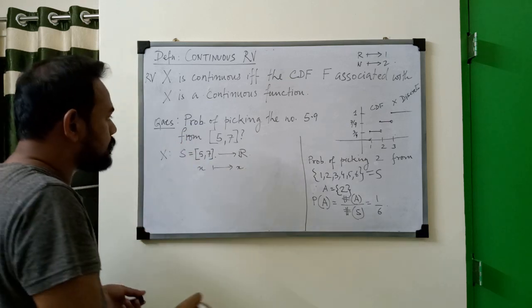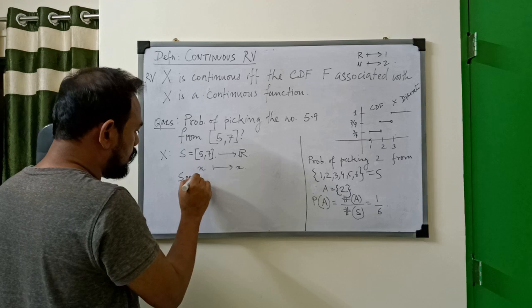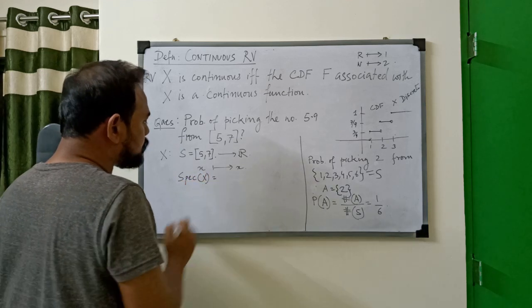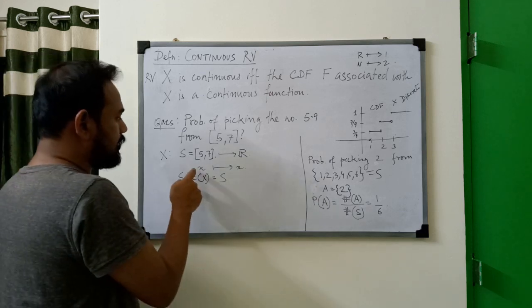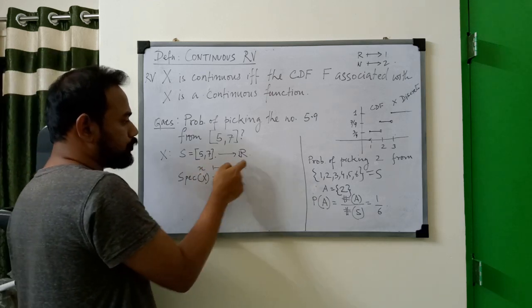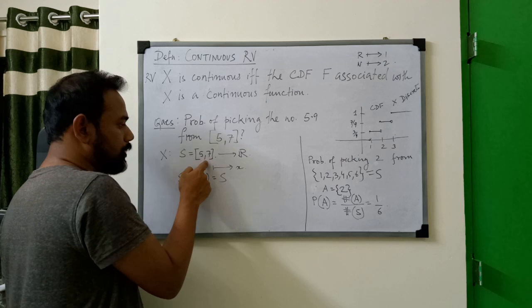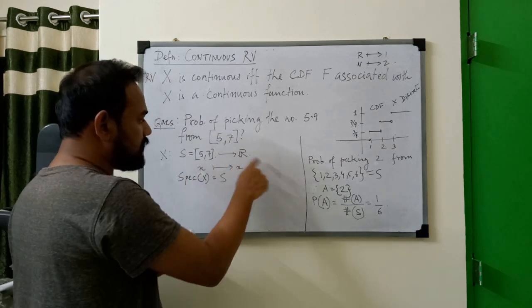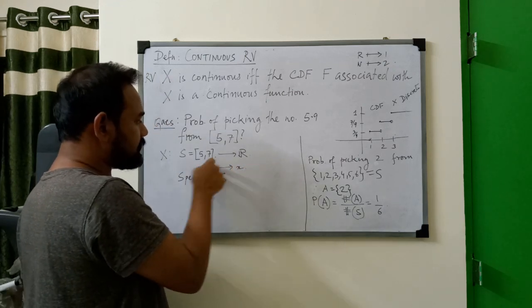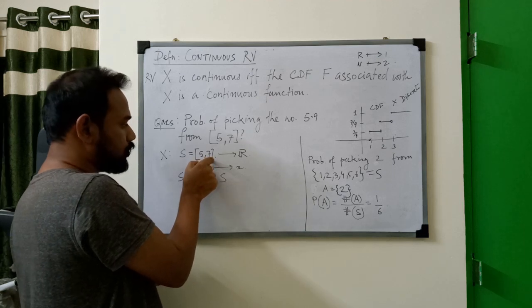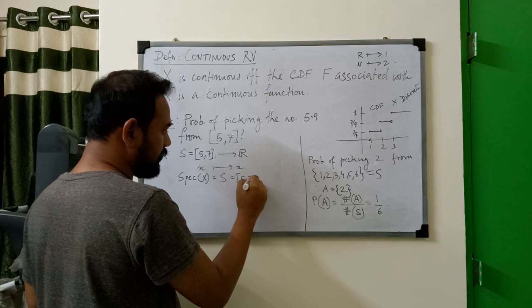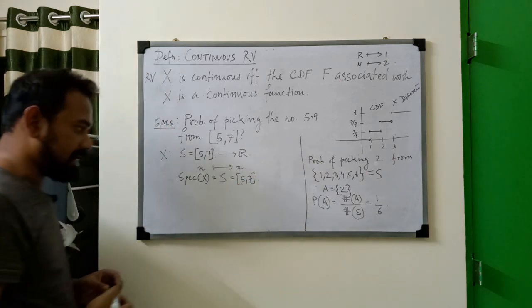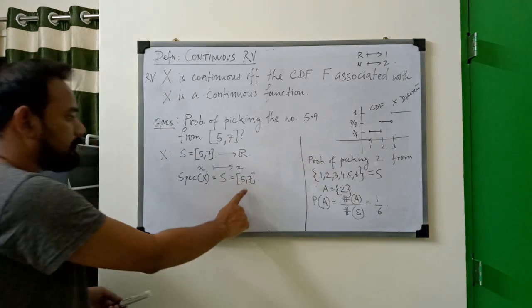So in this case, what would be the spectrum of x? The spectrum of x would be the same as S, because I'm keeping everything: 5 goes to 5, 7 goes to 7, 6.1 goes to 6.1. So the image set here is the same as the sample space, which is the domain. And you can see this is not a discrete set.